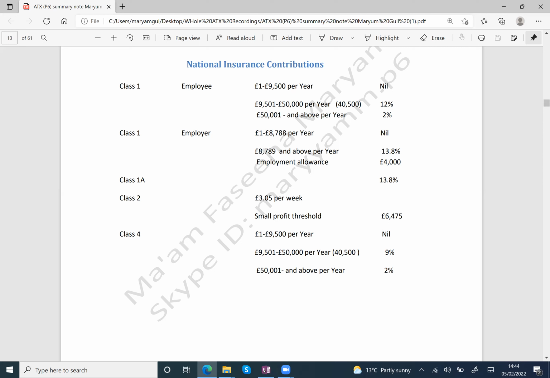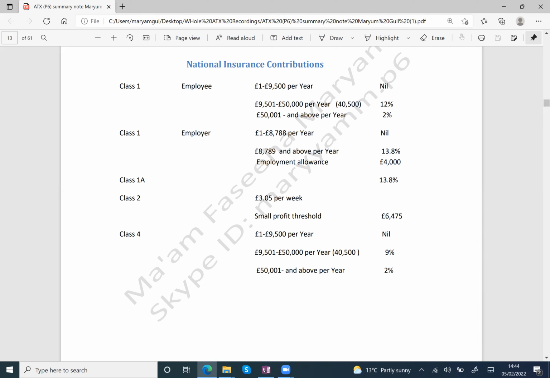Now let's check class 2 and class 4 NIC. Just write down that these two NICs will be payable on trading income. Class 2 is fixed 3.05 per week, and there are 52 weeks in a year.